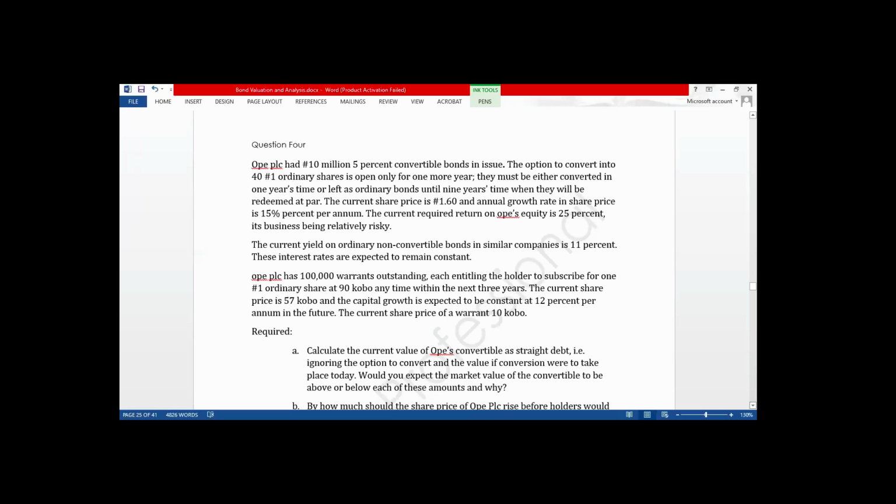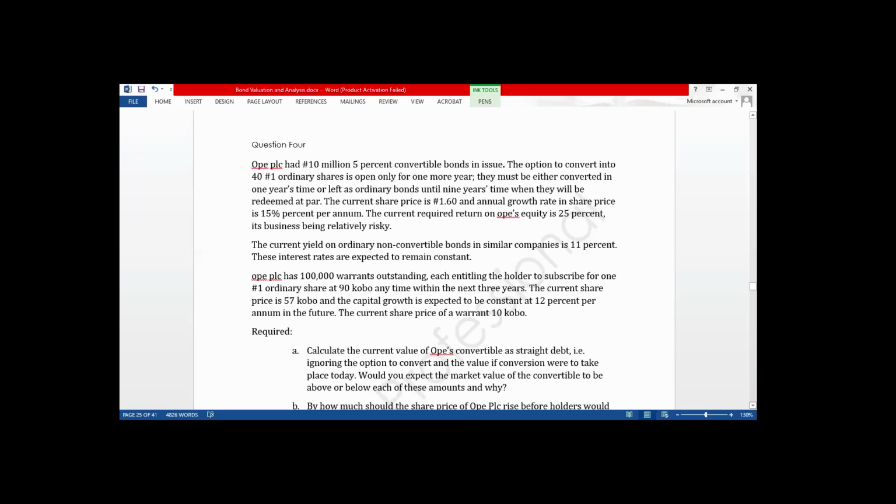Next, PSC has 100,000 warrants outstanding, each entitling the holder to subscribe for one 1-naira share at 90 kobo anytime within the next 3 years.